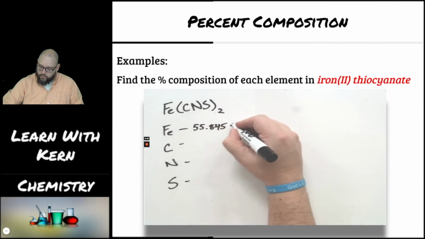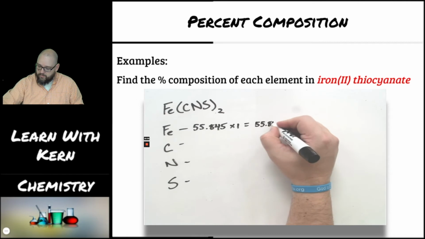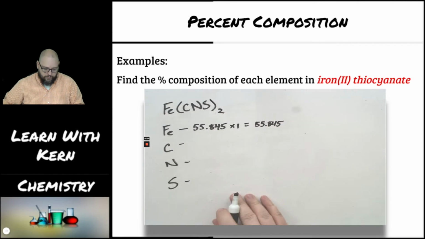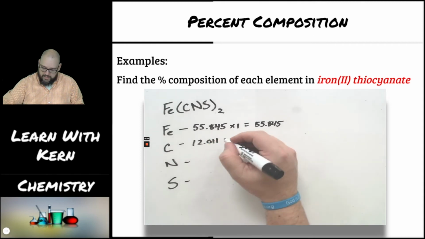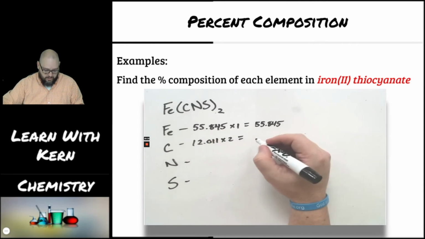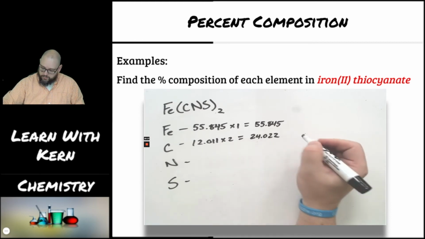So again, iron's mass is 55.845, and there is 1 iron in this compound, so that's 55.845. Carbon's mass is 12.011, and there are 2 carbons in this compound, so that gives me a total mass of 24.022.